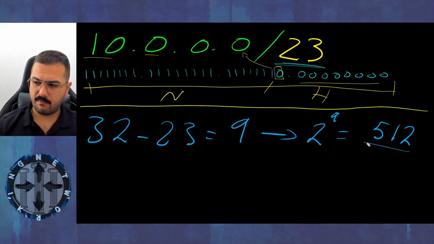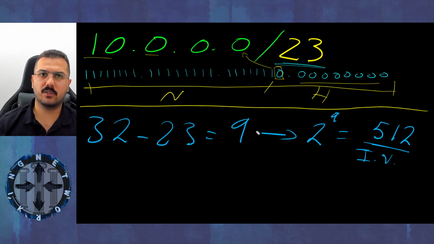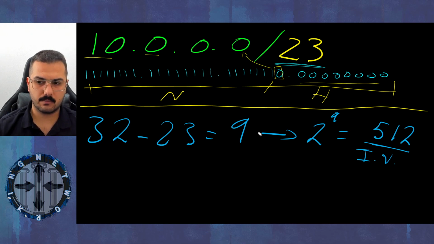Good. 512 is the increment value. 512 is the total number of addresses. 512 minus 2, which are the network ID and broadcast ID, equals 510. 510 is the usable valid range of IPv4 addresses.